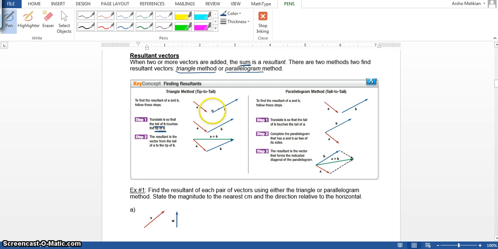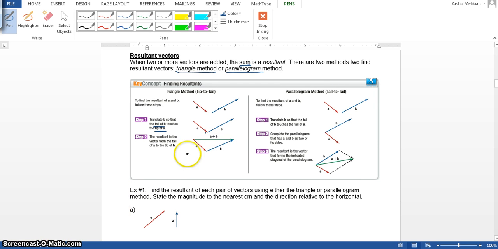But you're more than welcome to move them anywhere you want in space. Once you do that, you draw a resultant vector here, and that's the sum of the two vectors.